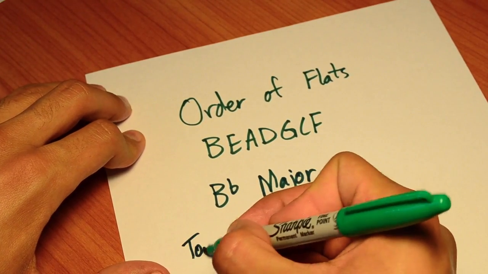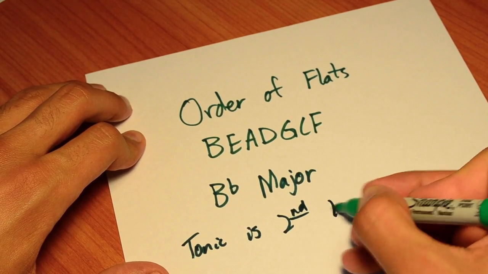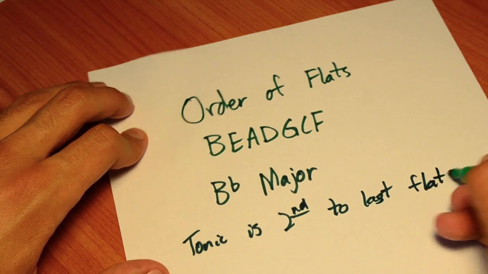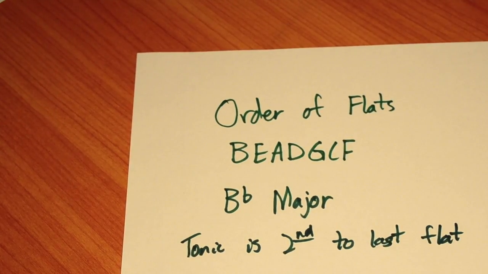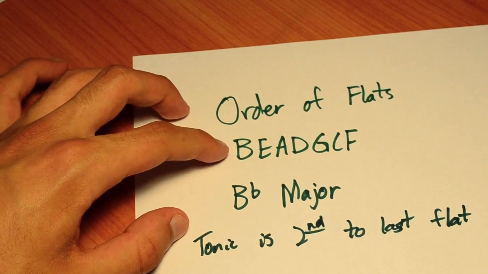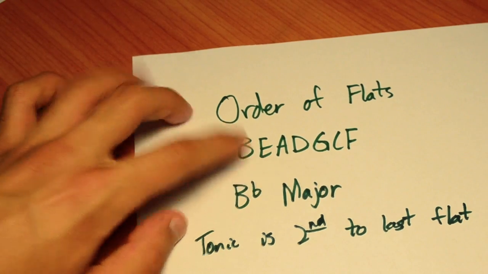So tonic is second to last flat. So in this case, B flat major, the B flat is the second to last flat, so the last flat is actually E flat. So right, B flat major has B flat and E flat.